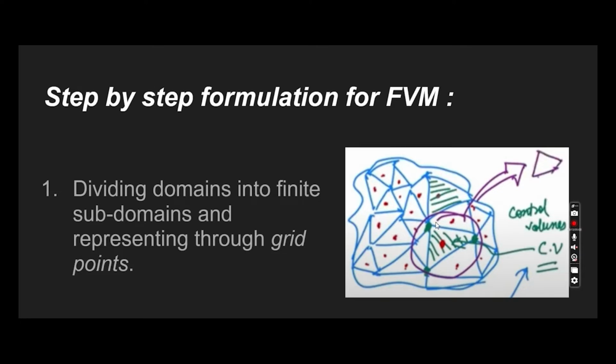These same subdomains are known as elements in the case of the finite element method. And to make our calculations easy, we take centroids as grid points.